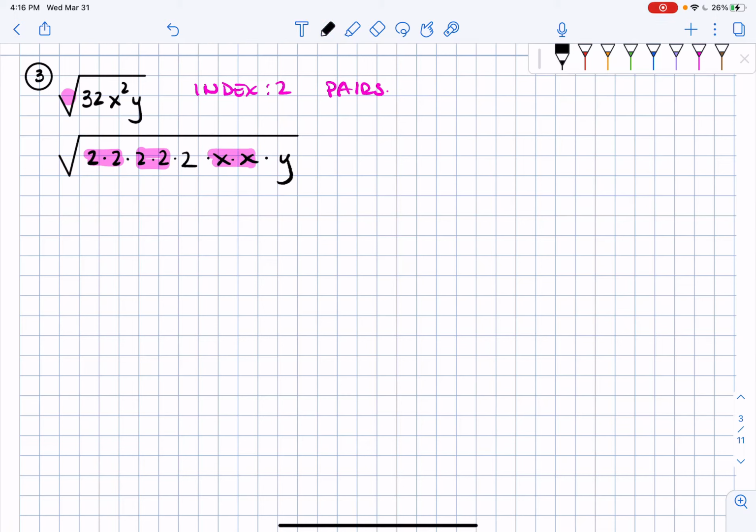So a pair of 2 comes out, another pair of 2 comes out, and a pair of x comes out. Well, what stays inside is what is not highlighted there, which is 2y. So really I have a 4x square root of 2y, which would be choice D.